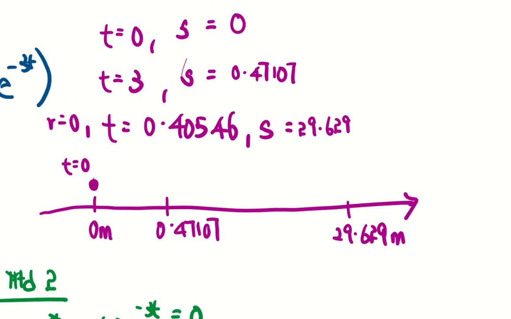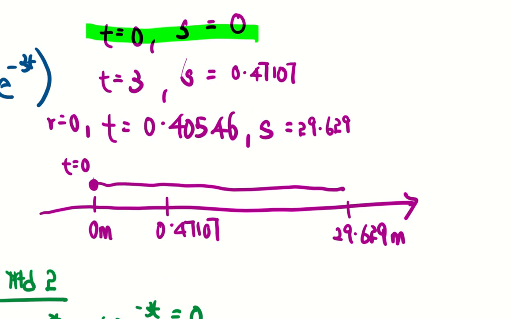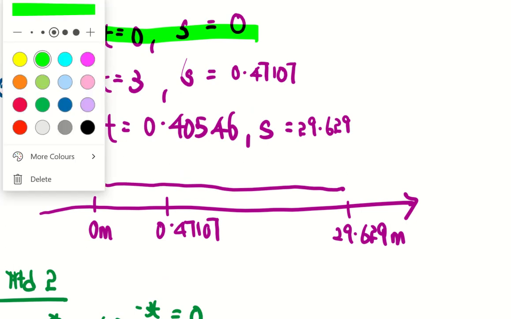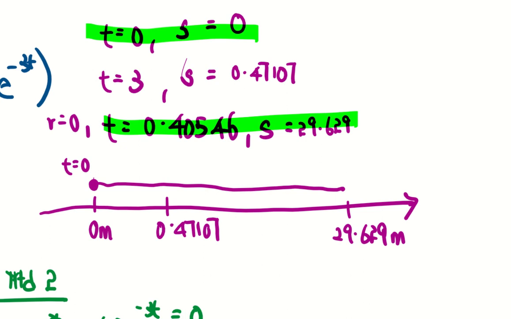I start from 0. Next timing. So the second timing that you have, you move to the next one. Then we look at the last timing. Oh, must make a U-turn. Then we go back to 0.47 meter.